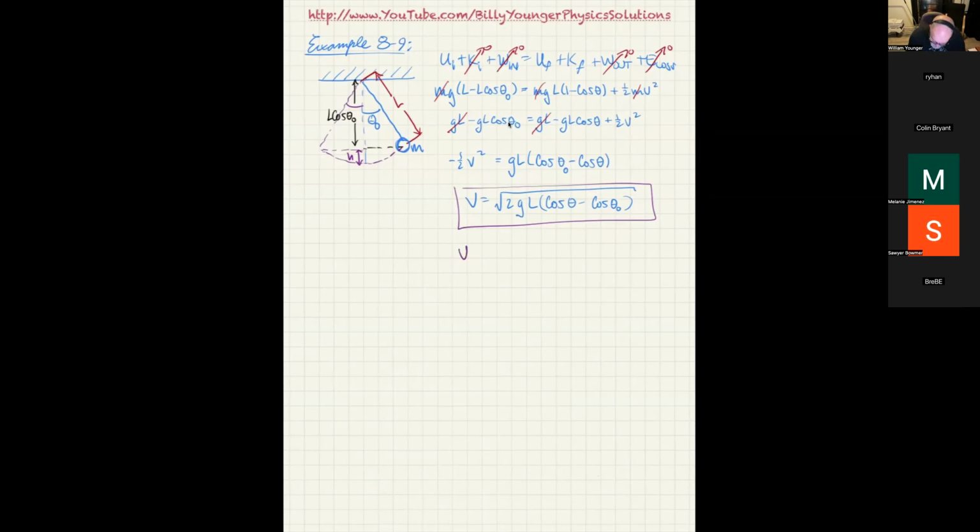So V at the bottom would equal the square root of 2GL times 1 minus cosine theta 0, like that. So we've now figured out a general expression for the velocity as a function of angle, and we figured out a velocity at the bottom.